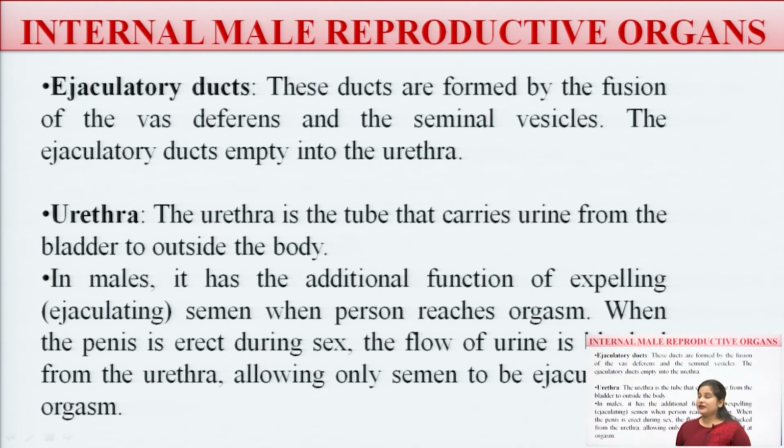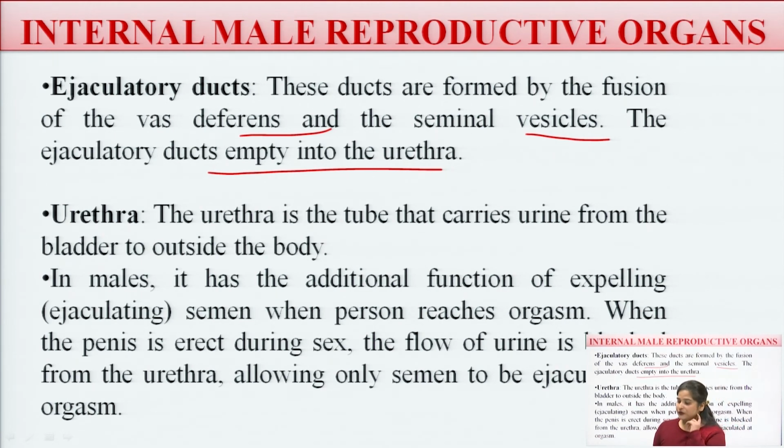The ejaculatory ducts. These ducts are formed by the fusion of the vas deferens and seminal vesicles. The ejaculatory ducts empty into the urethra. And what is the urethra? The urethra is a tube that carries the urine from the bladder to outside the body, right?